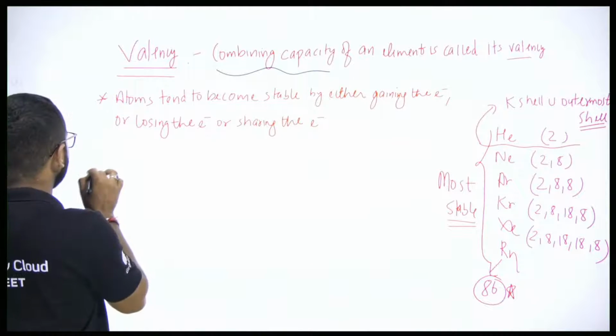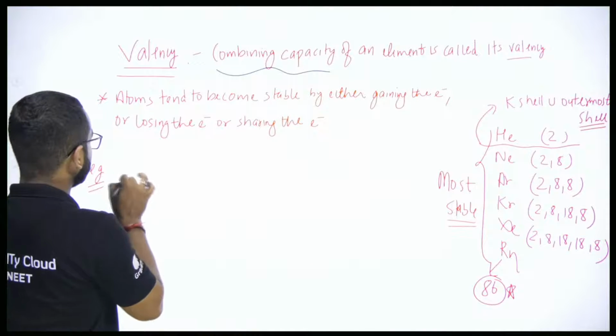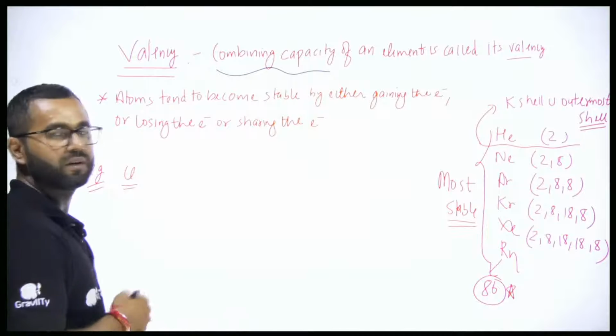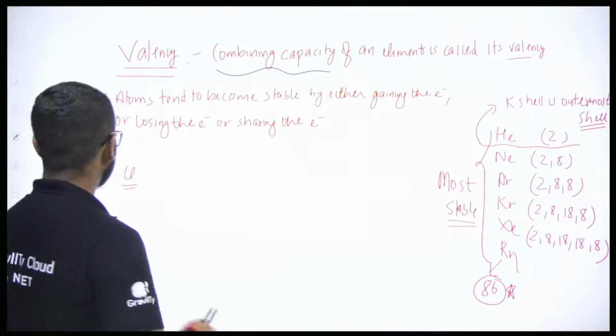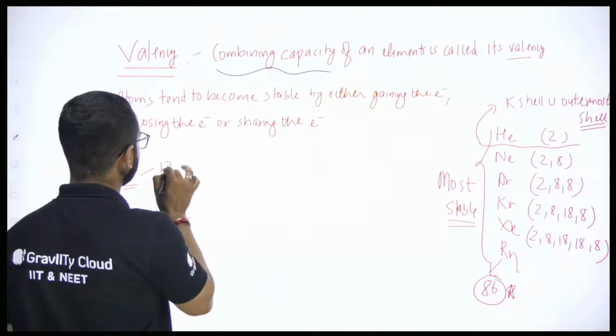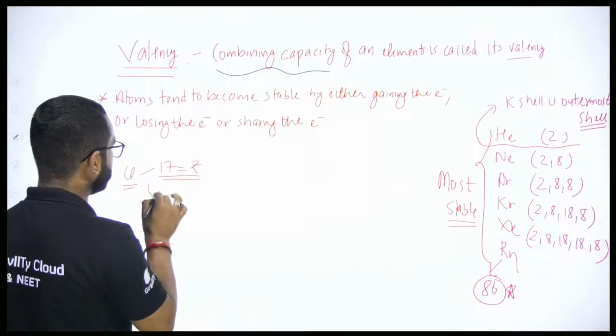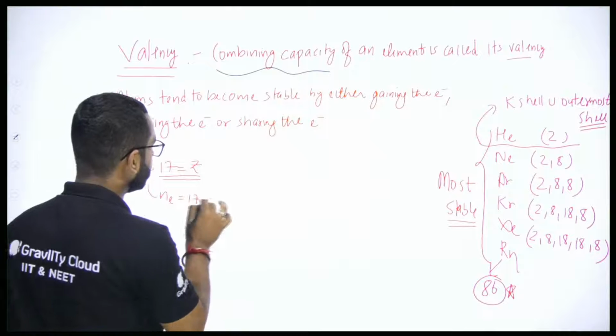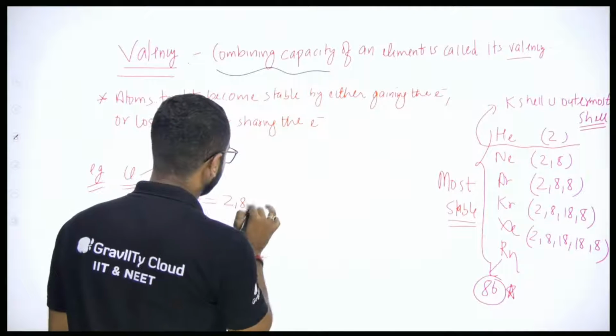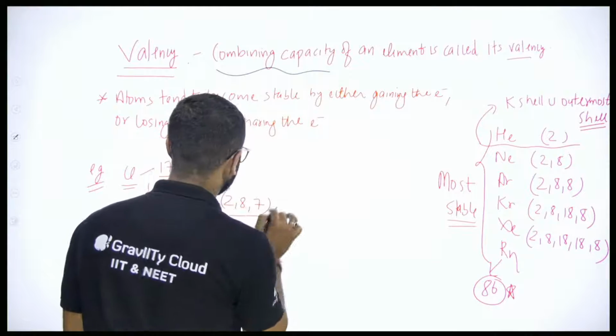For example, if we have chlorine, chlorine has atomic number 17. Chlorine Z is equal to 17. That means the number of electrons is equal to 17. It is 2, 8, 7.